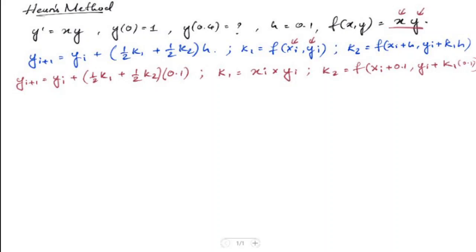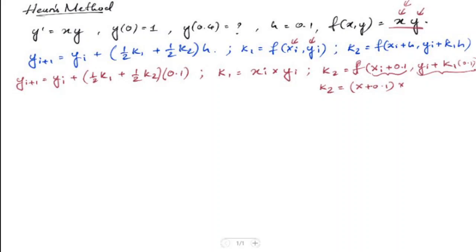So what I've done is replaced the values of h and put in the function. Here we could also write k2 as x plus 0.1 as the value of x, times y i plus 0.1 times k1, putting x and y into the function.